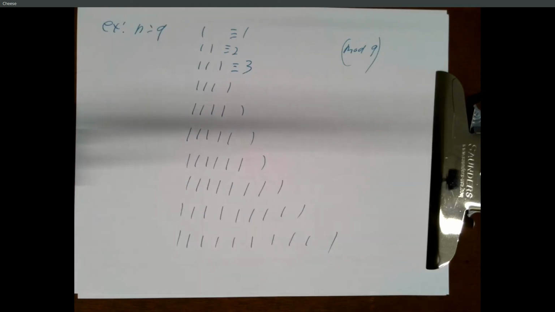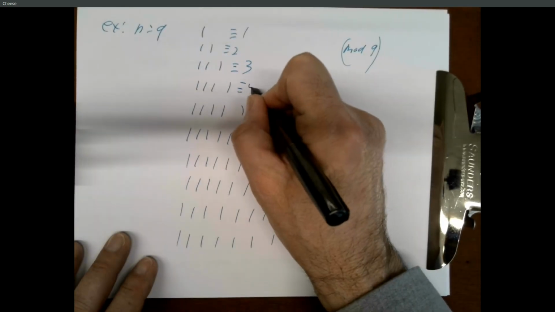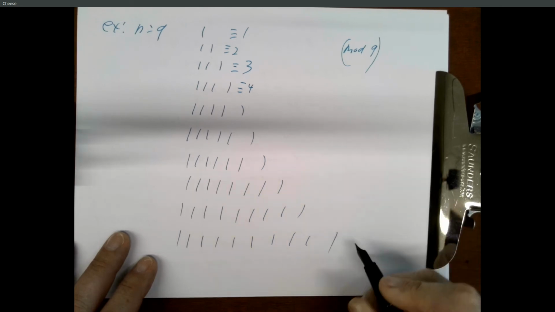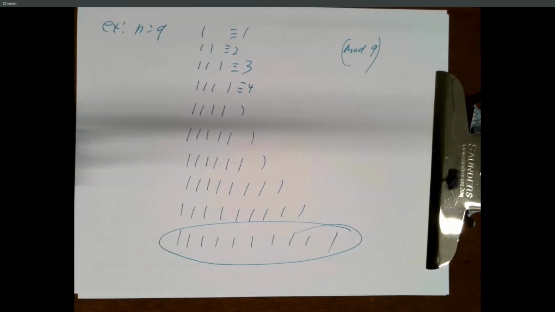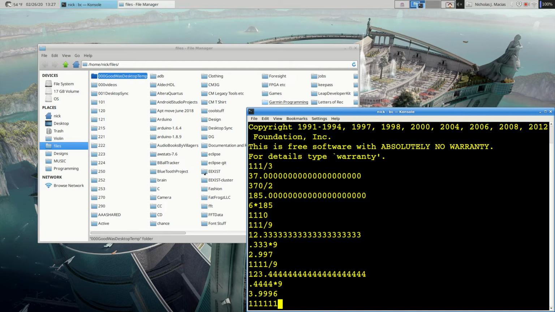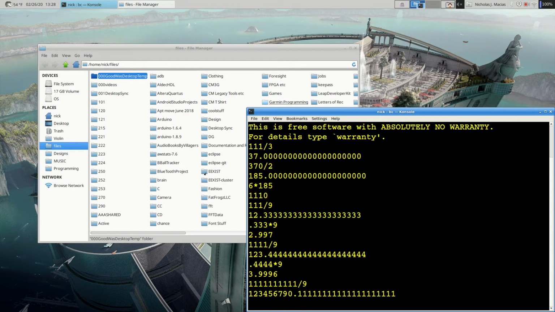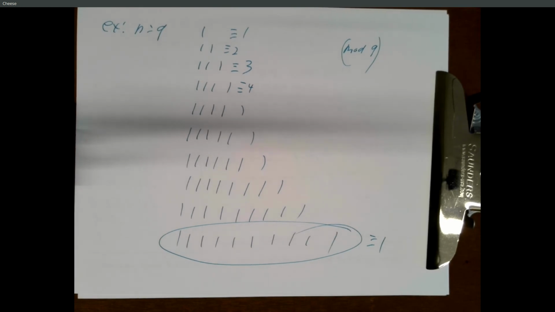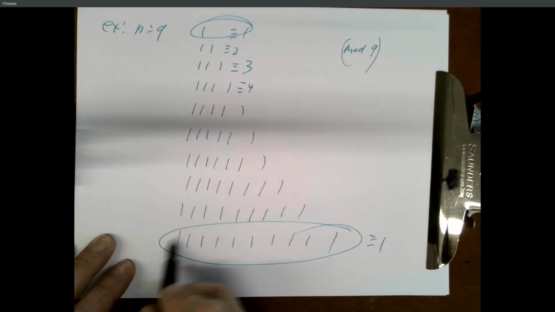Yeah, I think there's a pattern here. Let me try this one. Okay, so this is also congruent to 1. So this is congruent to 1, this is congruent to 1.